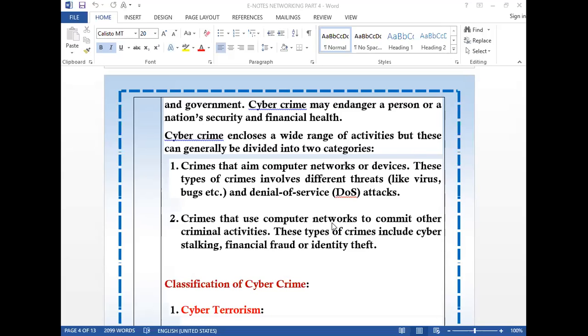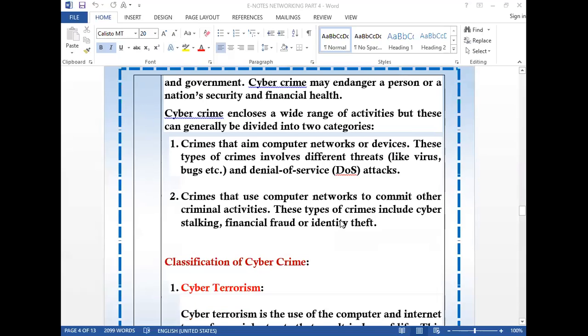Second is, computer and internet might be used to do any criminal activity. Maybe online fraud, maybe stealing the personal information of the user, maybe cyberbullying, defaming someone, harming somebody's reputation.